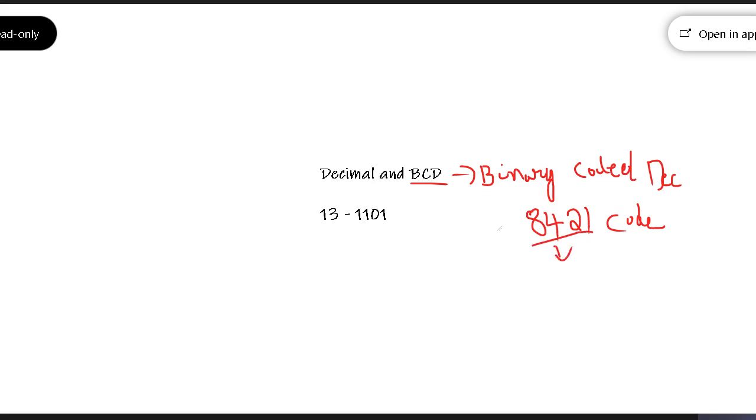So 13 as a whole is the value 13, but if you want to represent it in BCD, you represent each digit in 4 bits. So 3 is represented as 0011 and 1 is represented as 0001. So this is the BCD representation of the number 13.